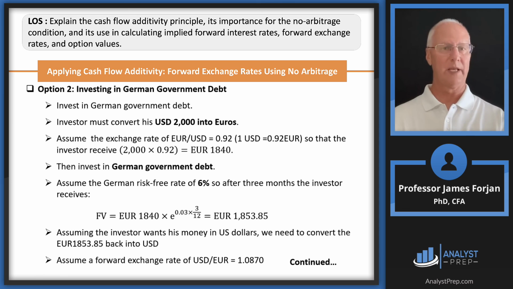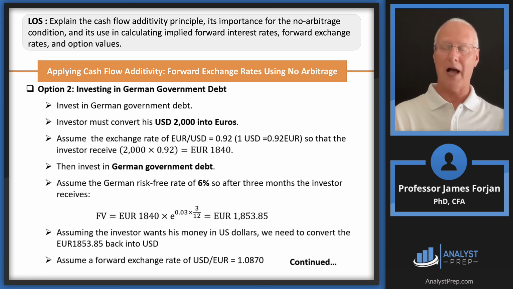So we're going to take the 2,000 US dollars and get 1840 euros. We're going to invest in German government bonds. Suppose that the yield on those German bonds is 6%. So you just do the math there. Of course, at maturity, you're going to want to convert those euros back into US dollars.